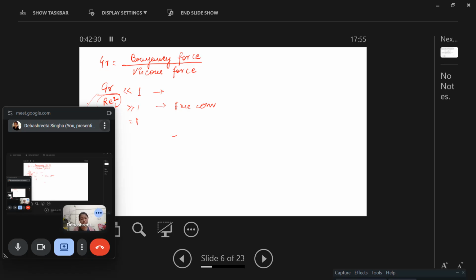Okay, so next we can see some of the formulas which are used.